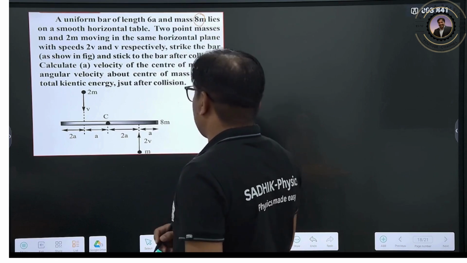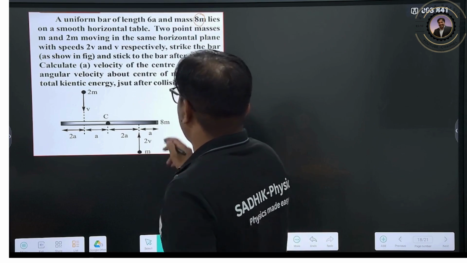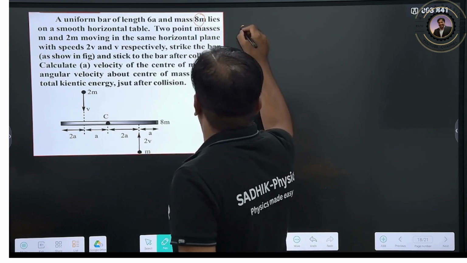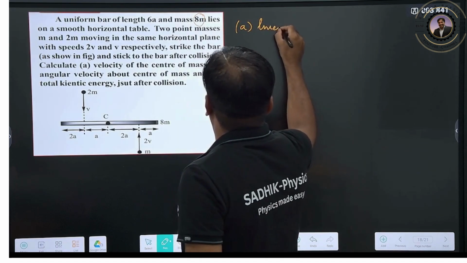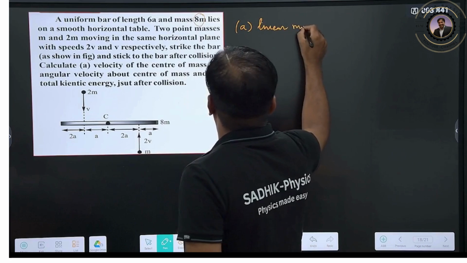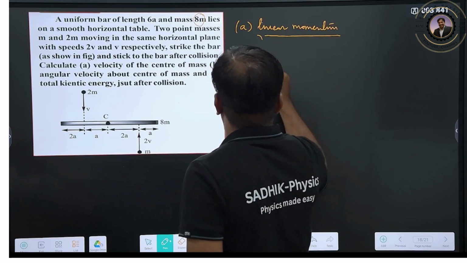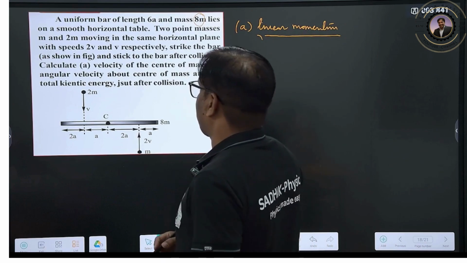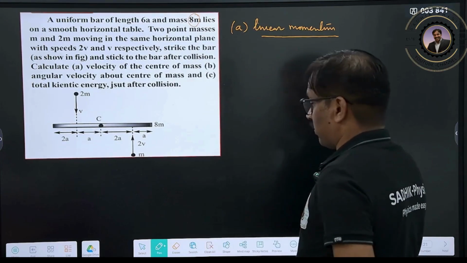You have to use the conservation of momentum. So what is the momentum here? Initially this rod was not moving. So, conservation of linear momentum: total initial momentum and final momentum. We will test the conservation of linear momentum.